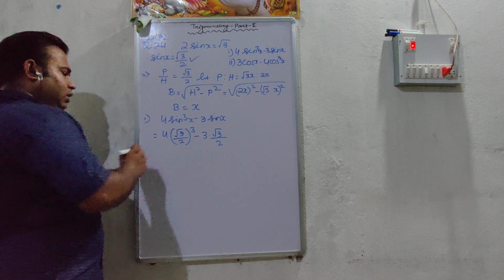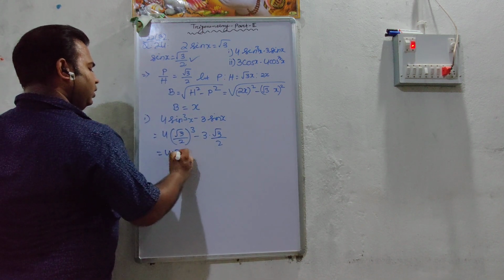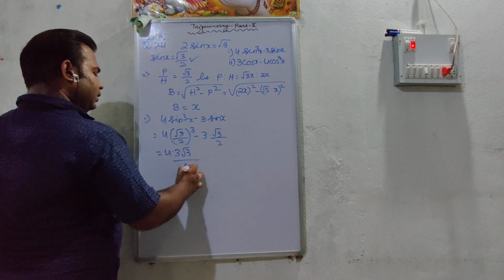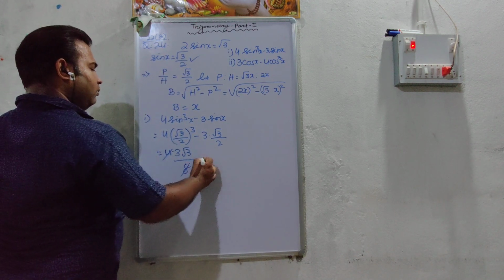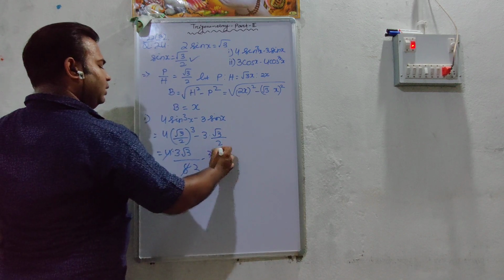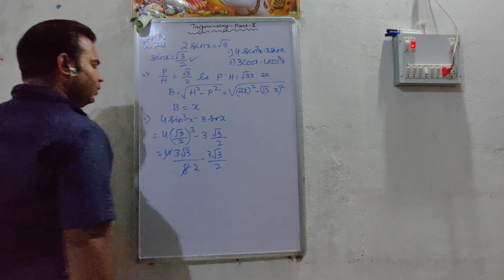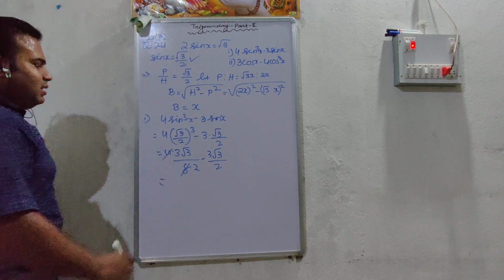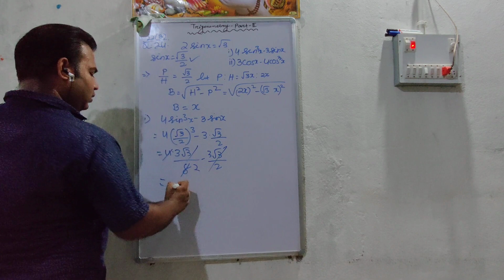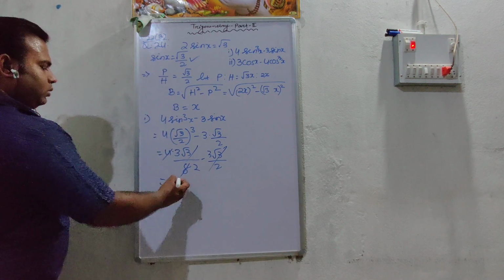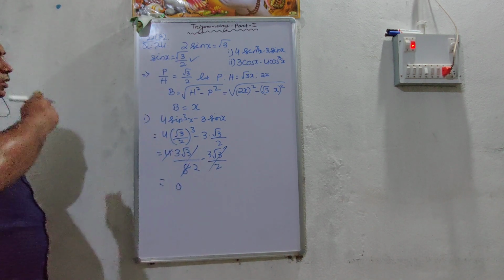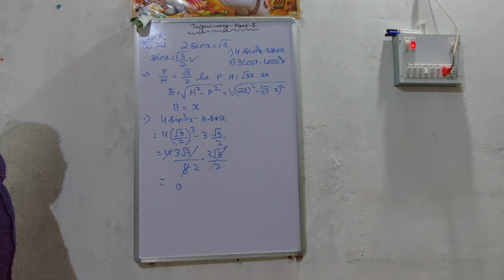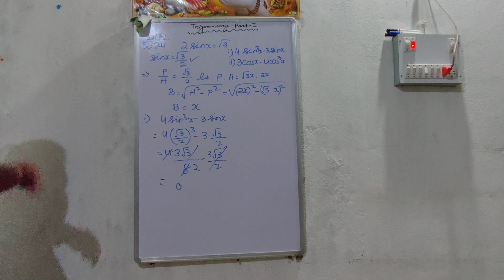It will be 3 root 3. So 4 into 3 root 3 by 2 cube, which is 8, you get 2, minus 3 root 3 by 2. So 3 root 3 minus 3 root 3 will cancel out, so the answer will be 0. Understood? For the value sin x equal to root 3 by 2, the value of 4 sin cube x minus 3 sin x will be 0.